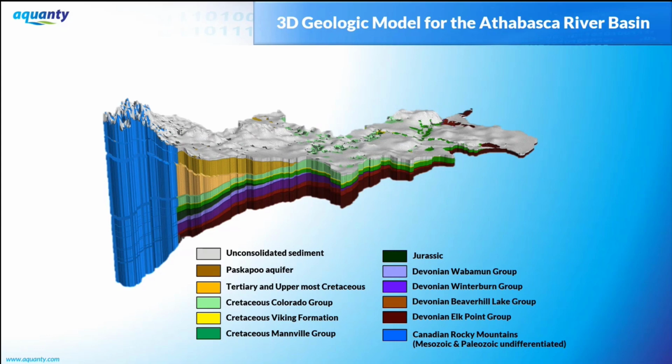Okay, a couple of larger examples. Athabasca River Basin, we've been working on it for quite a long time. We've done a lot of work in the oil sands region, and this is a regional model of the entire basin. There was lots of good information to build the subsurface geology and populate the surface in the usual way.